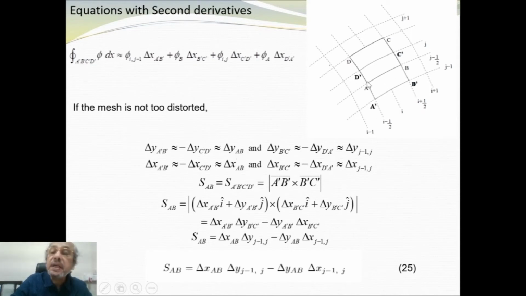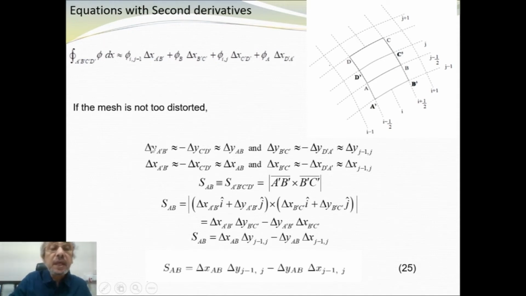Again this is the vertical distance between points a and b. So these are all the same. If the grid is not distorted, these are likely to be very close to each other. And delta y b prime c prime, the vertical distance between b prime and c prime points, that is delta y j minus 1 j. Very clear, j minus 1 j.